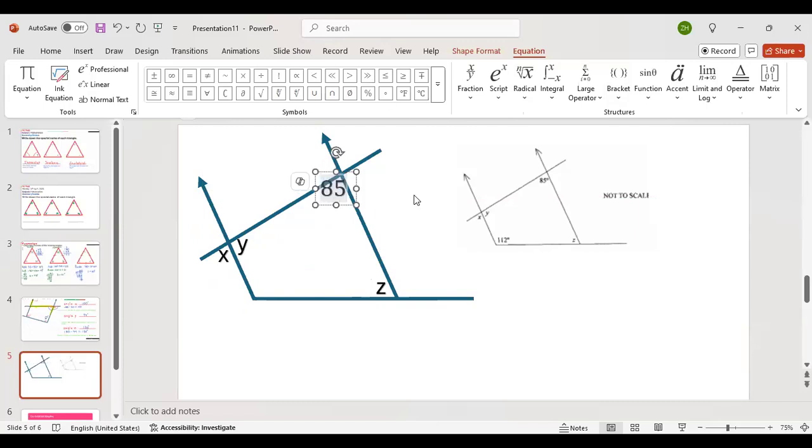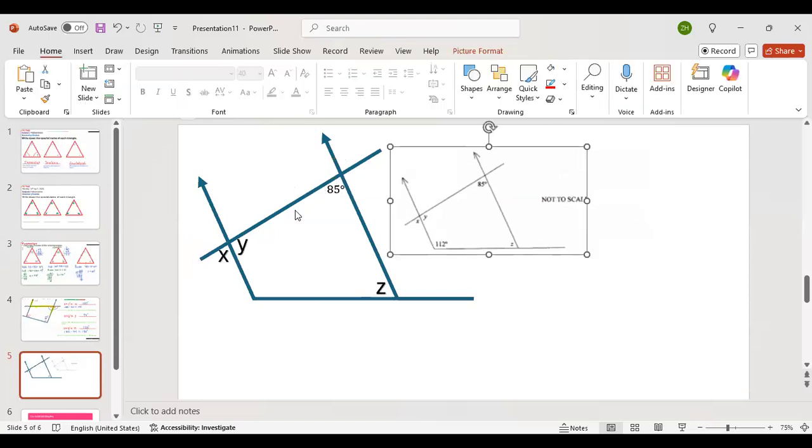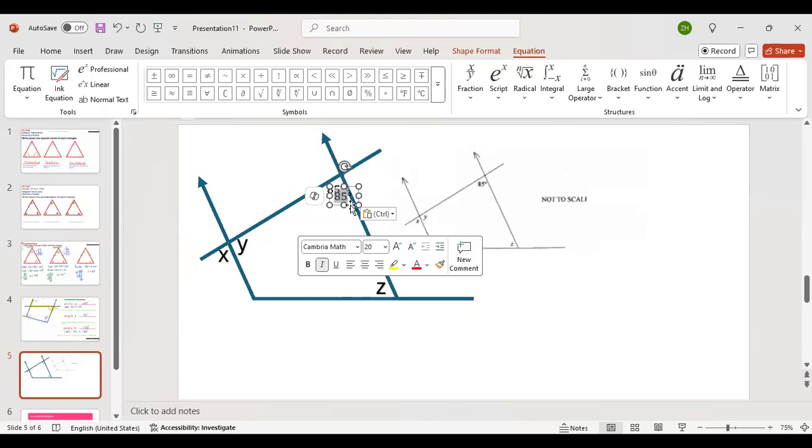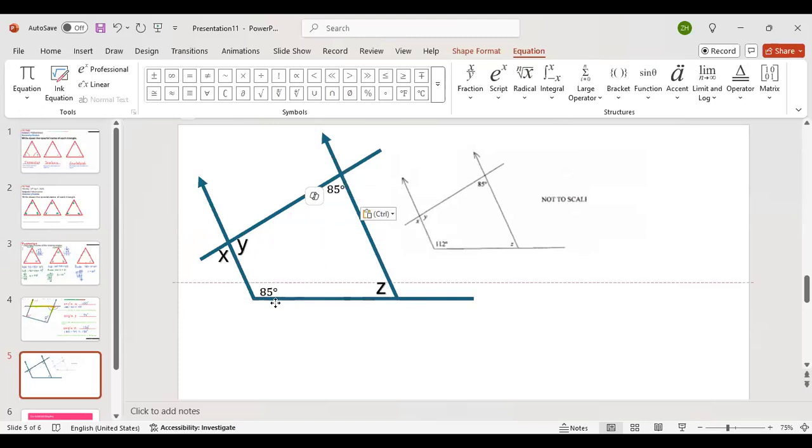All right, I think we're good at that point. Okay, so we have X, Y, 85 degrees. Oh, we forgot 112. So this one looks sort of different, but I still think we could use the same principles to get our answer. Okay, so let's try.